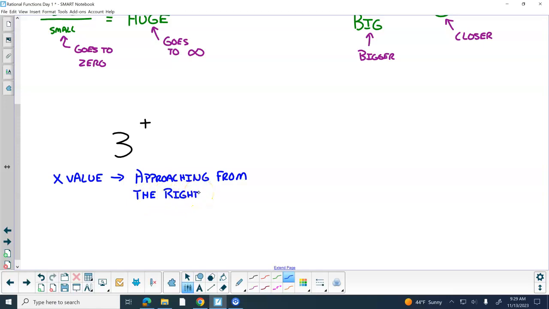I'm getting closer and closer to that value on the right side, on the positive side of that number.